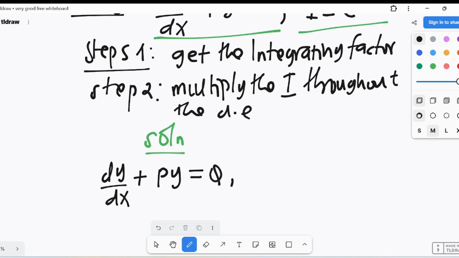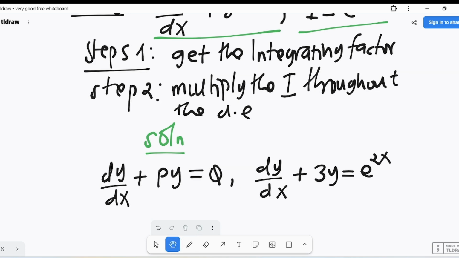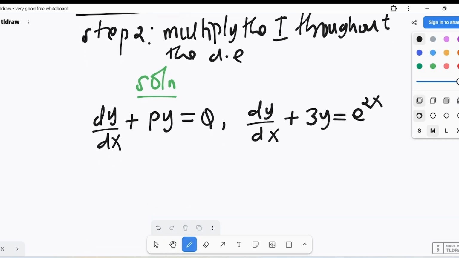But now the DE is dy by dx plus 3y is equal to e of 2x. So we first identify the value of p. What is p from this one? Our p from here is 3.